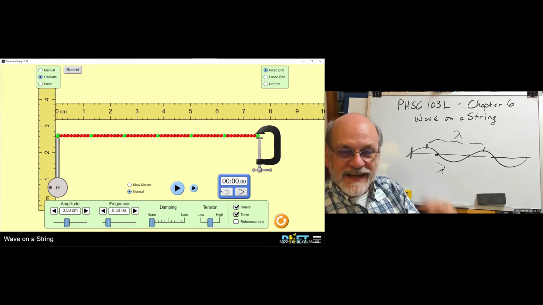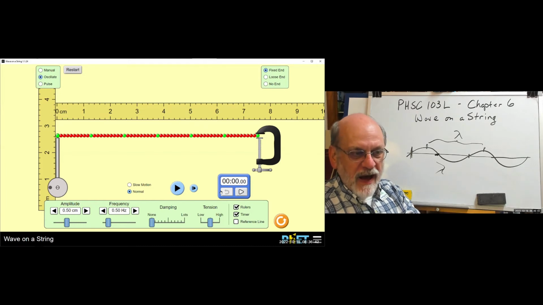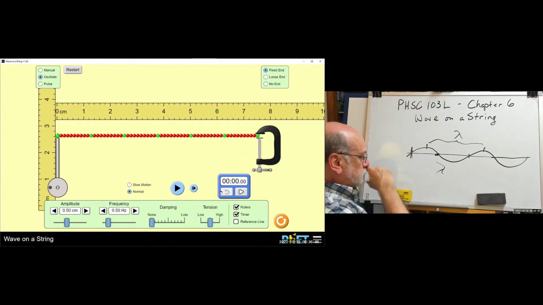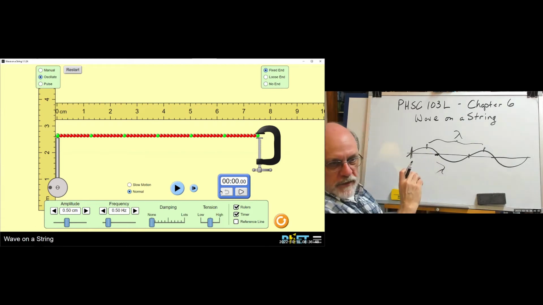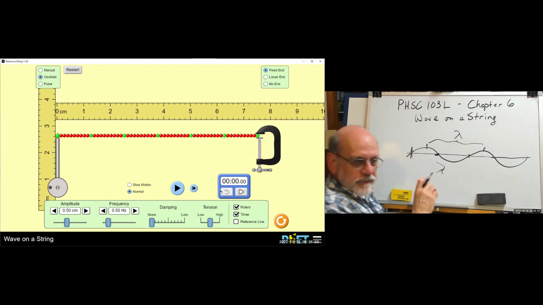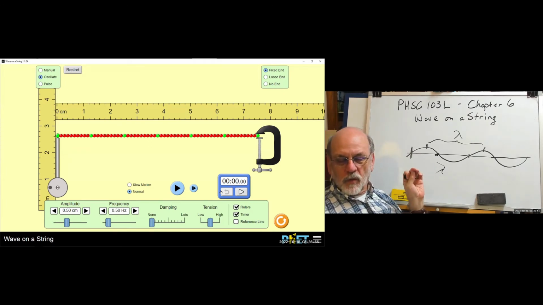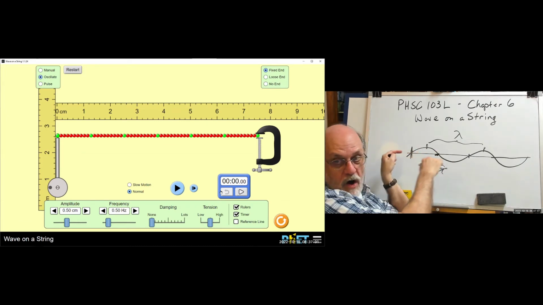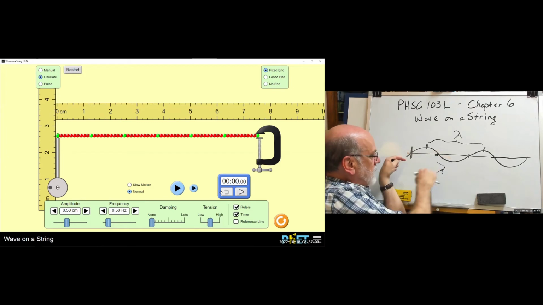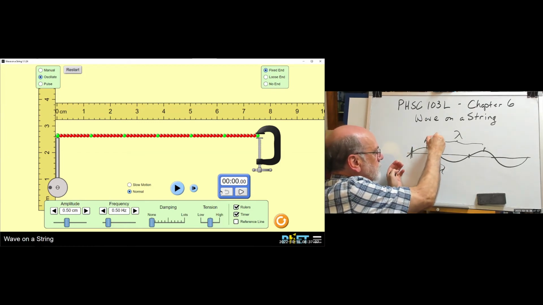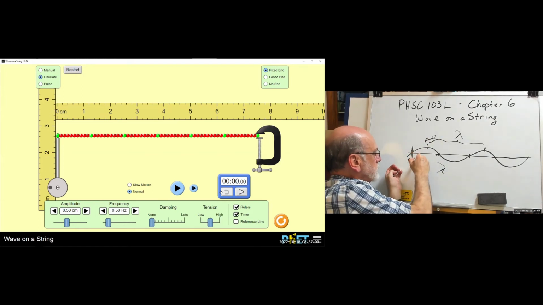Okay. We tell harmonics by the nodes and the antinodes. So with this string, a node is where the string is not vibrating. Right? It's on the baseline. So this string has one antinode and two nodes.